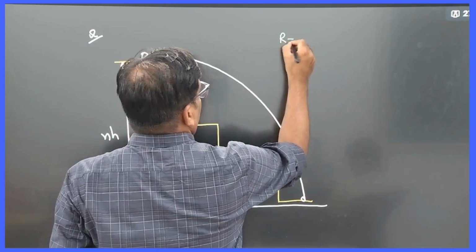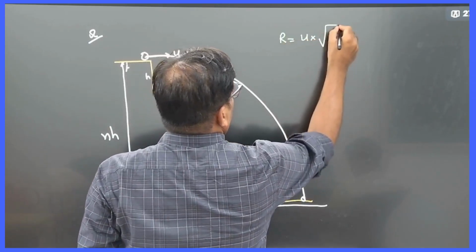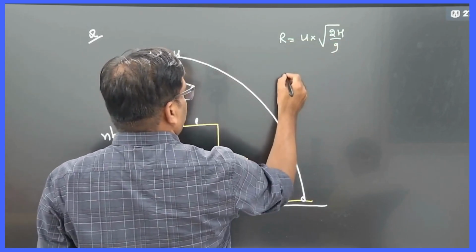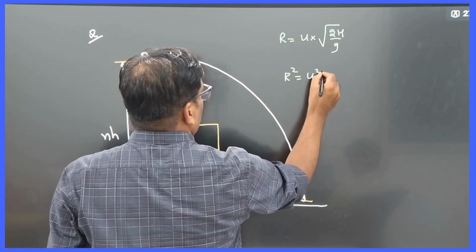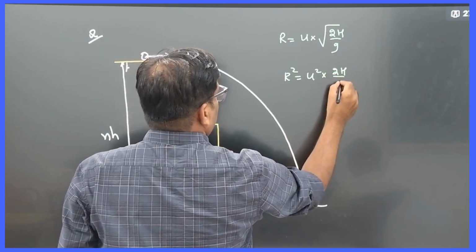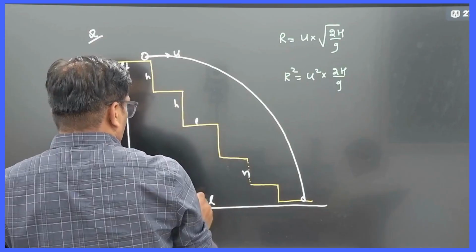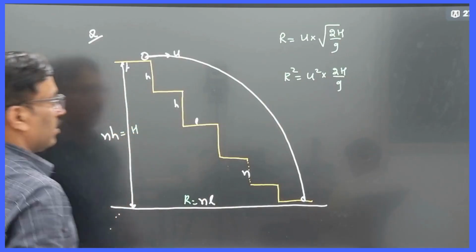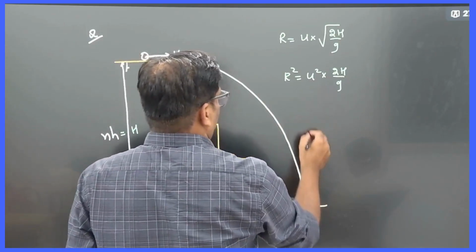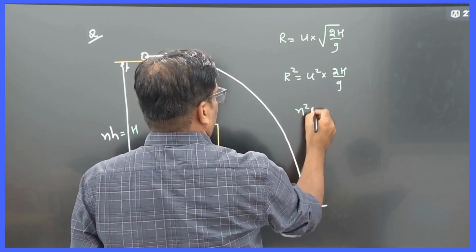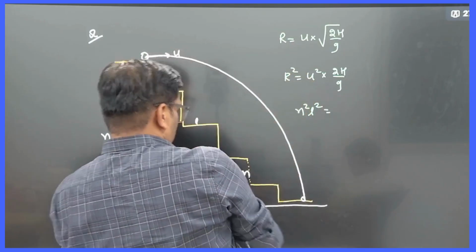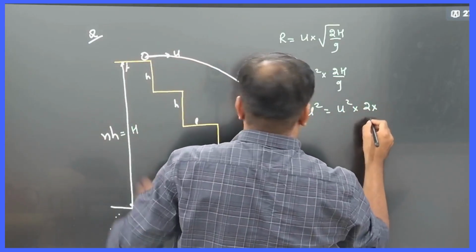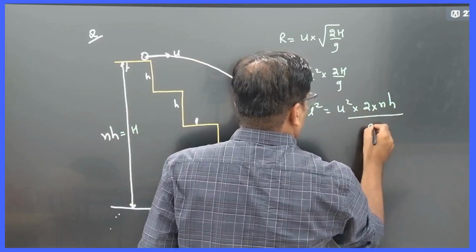So R is equal to u into square root of 2h by g. Squaring this, R squared is equal to u squared into 2h by g. Substitute R and h: n squared L squared, that is (nL) whole squared, equals u squared into 2 into nh by g.